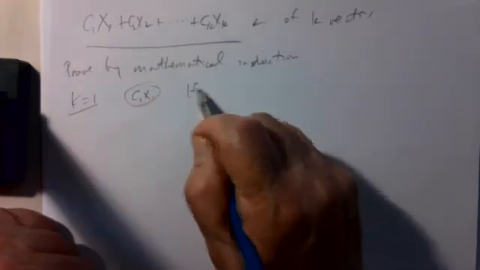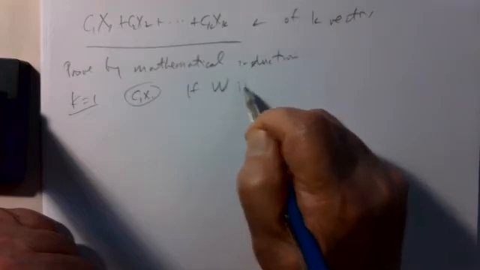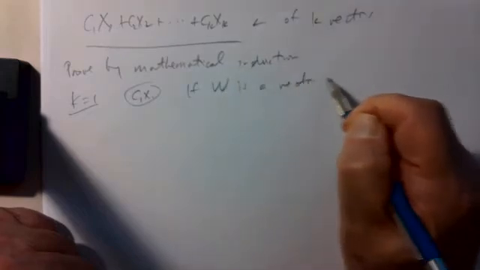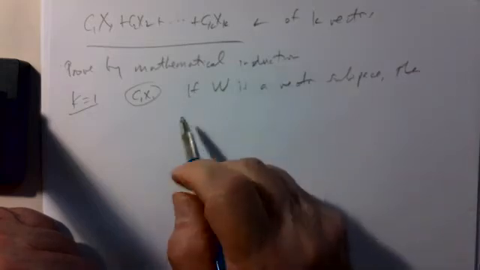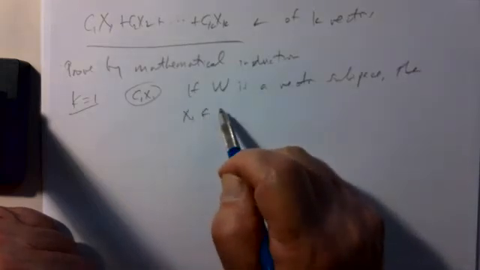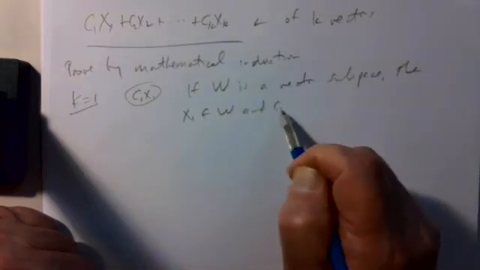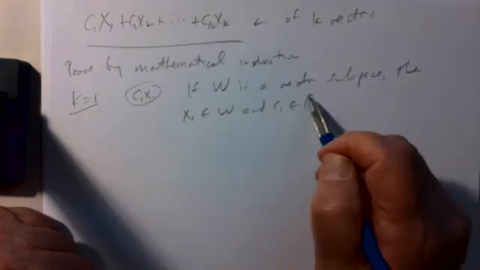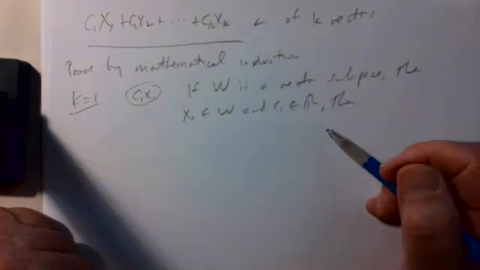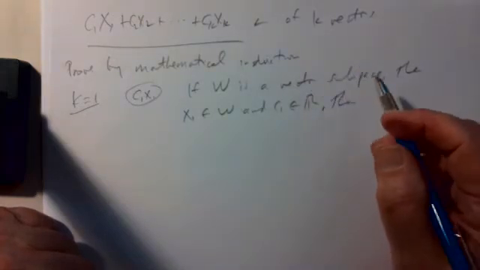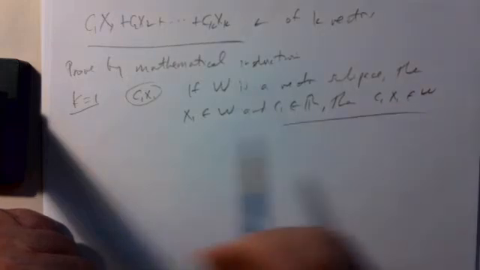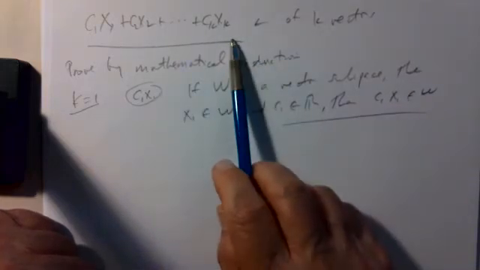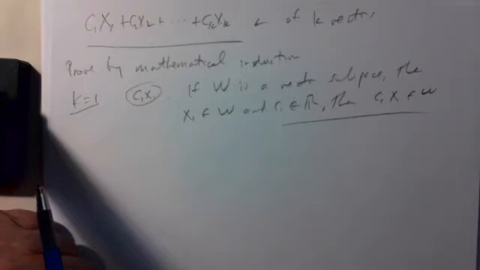But if W is a vector subspace, then if x1 is in W and c1 is a scalar, that means a real number, then W is closed under scalar multiplication, so c1x1 is in W. So every linear combination that involves only one vector is in W.